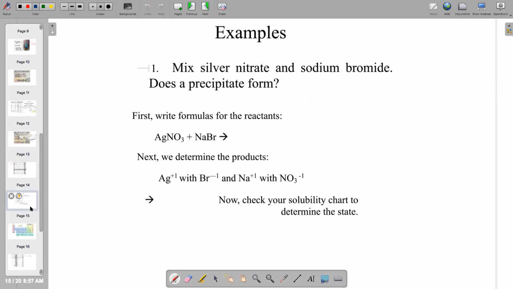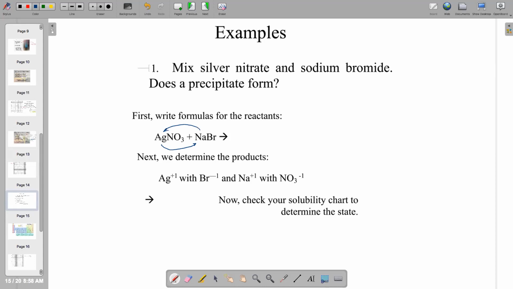So another example, this is in the slides. Silver nitrate, sodium bromide, does a precipitate form? So you can write silver nitrate and sodium bromide, and what you would predict is that the silver goes with the bromide and the sodium goes with the nitrate.